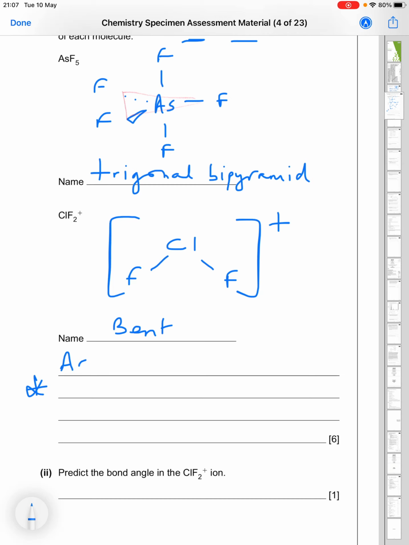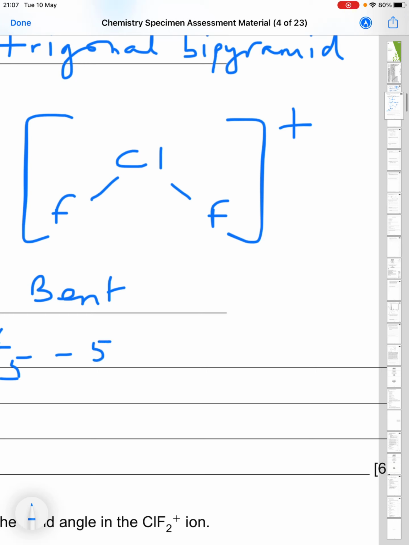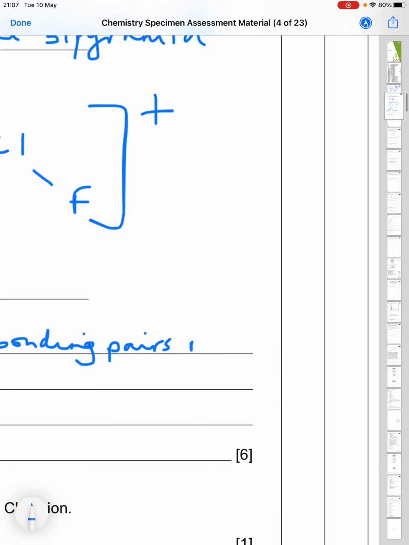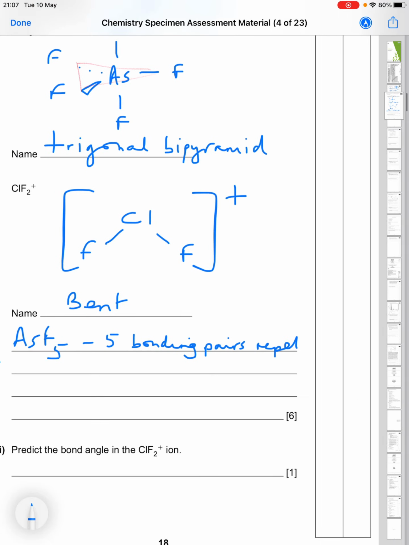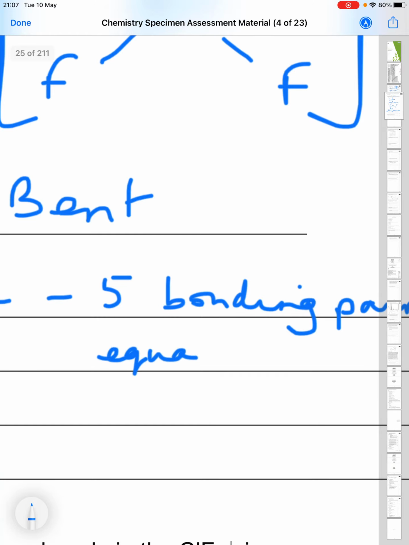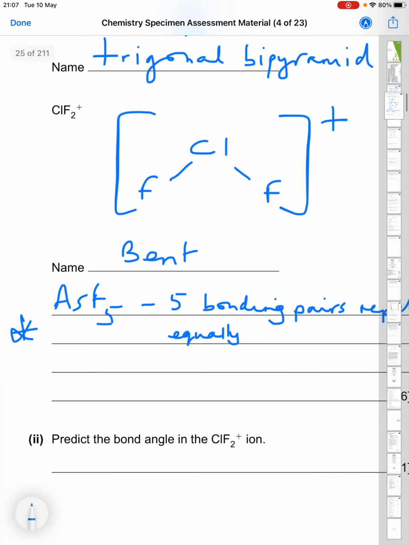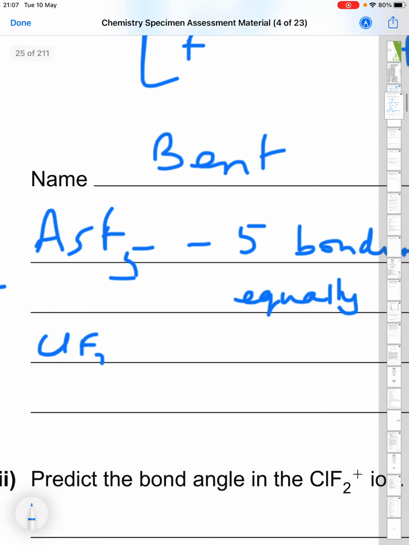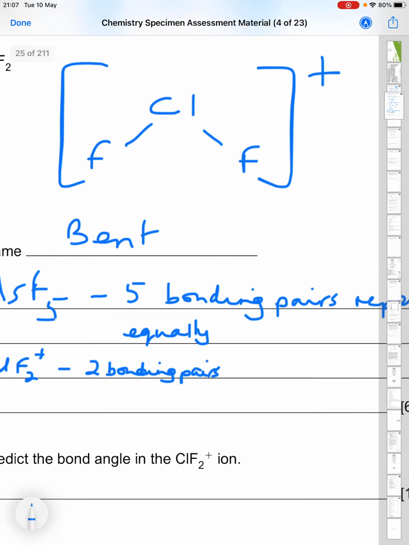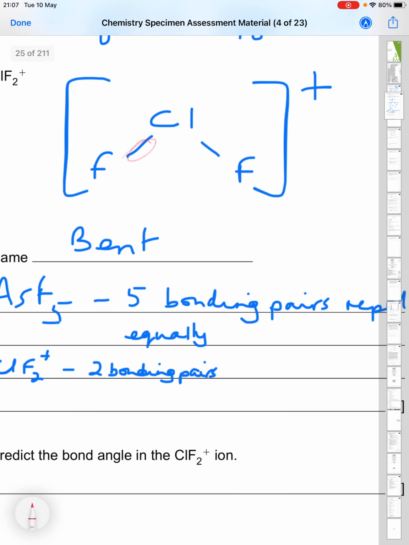So as for the AsF5, you're going to say there the explanation is the 5 bonding pairs repel equally. Okay, and then the ClF2+, we have 2 bonding pairs, and those are here and here.